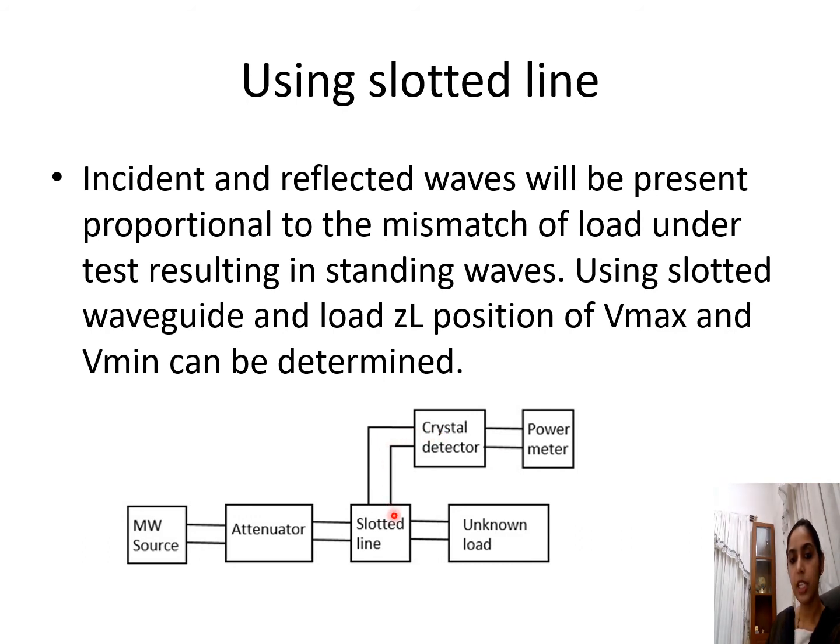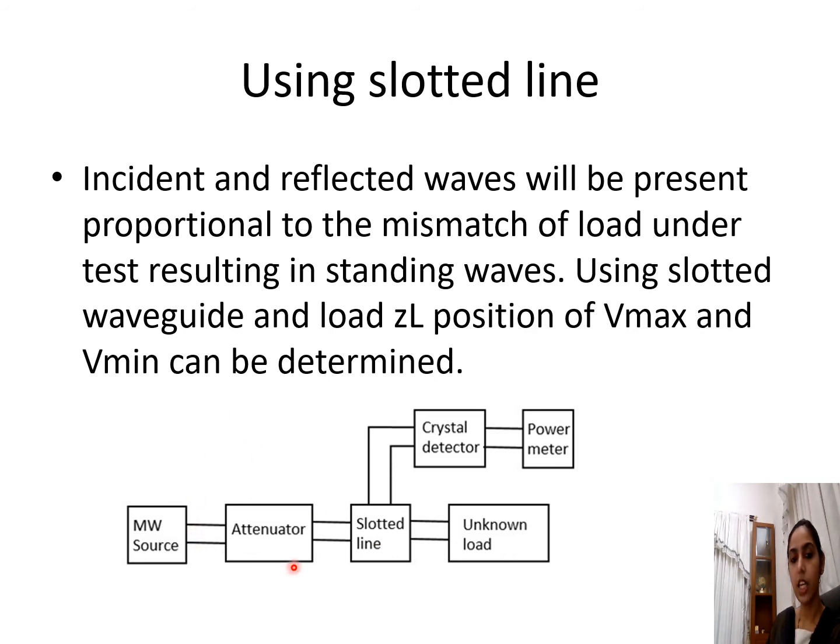Obviously if we connect an unknown load, there will be a mismatch of impedance and there will be reflections from the load. There is an incident wave and a reflected wave from the load, and it is going to set up a VSWR pattern. So by using the slotted line we could note down the values for Vmax, Vminimum, etc. This is our first setup, by which we are going to measure the impedance.